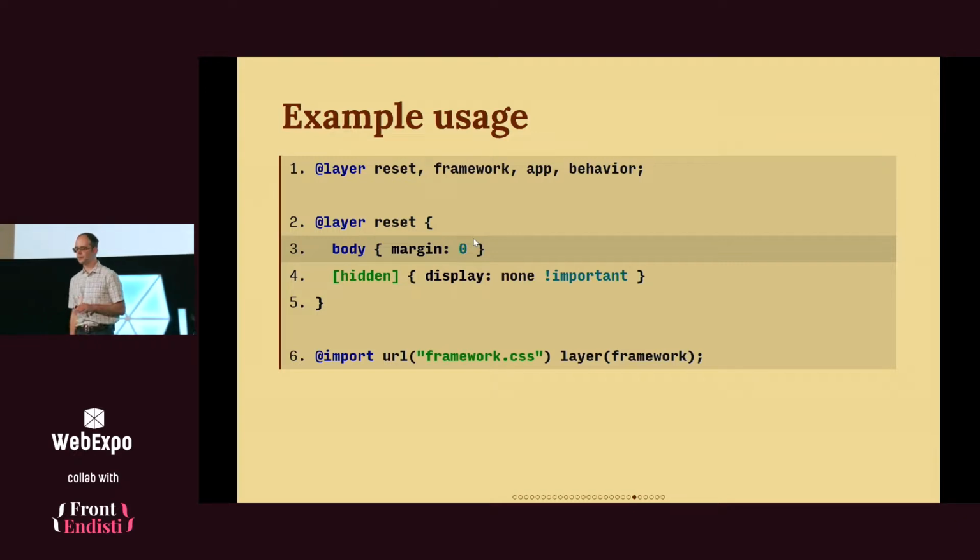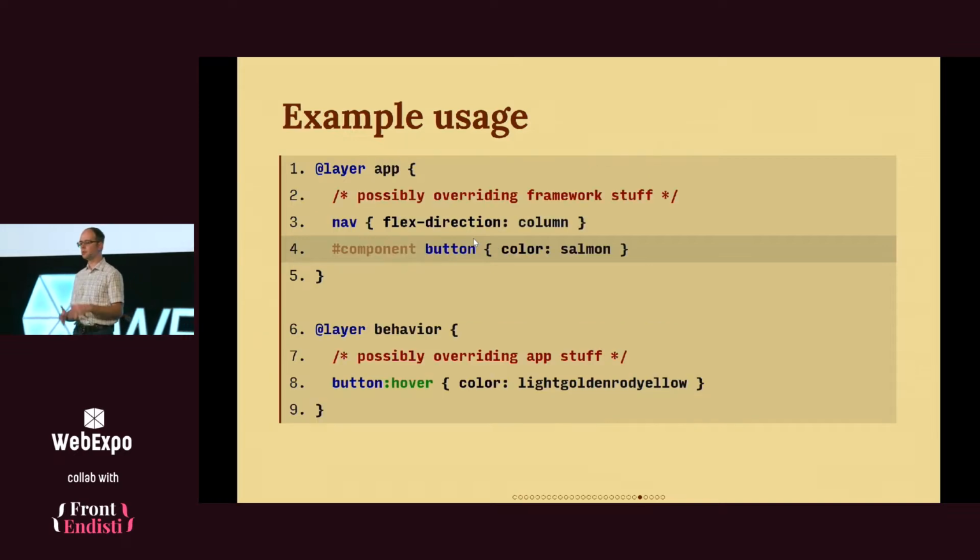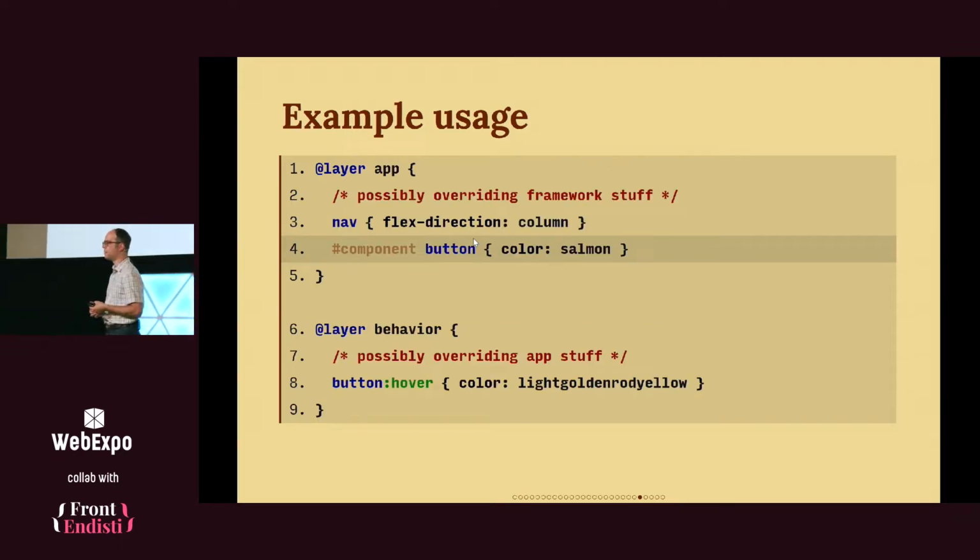Let's continue to the second one. I'm not really interested in internals of the framework. So I just import it into its own layer called framework, and I hope it will work. But from time to time, I will need to override something. That's why I have my third layer called the app. And that's a place where I define my own styles for the app, and I might be able to override some framework styles.